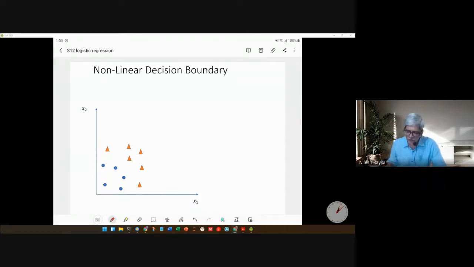If you have some set of values where a linear boundary may not be appropriate, there will be some classification problems where the samples are distributed in such a way that we would expect a curved decision boundary, requiring a nonlinear decision boundary.